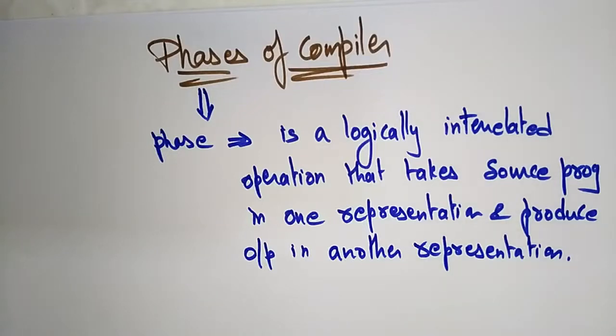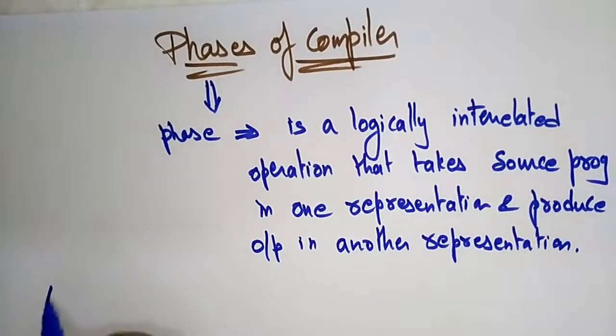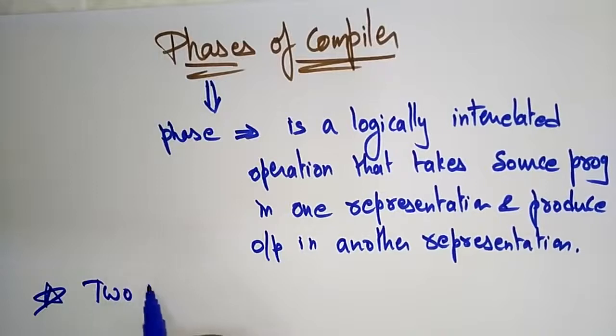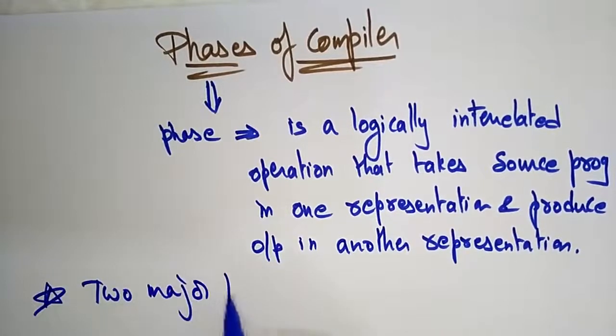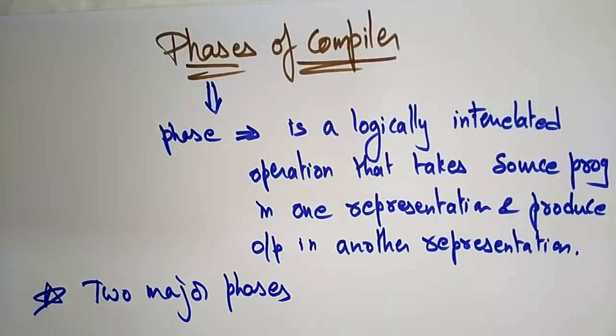Let me clearly show you the different phases that exist in the compiler. The complete compiler is divided into two major phases, and these major phases are again divided into subphases.